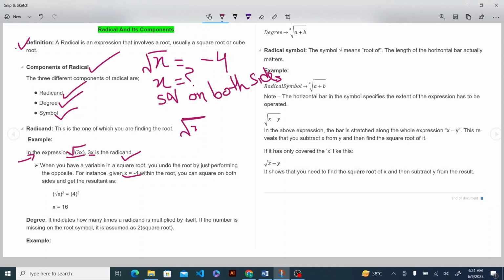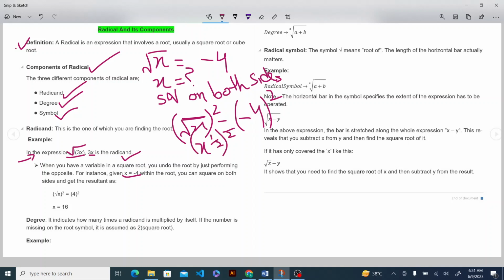Under root x whole square is equal to minus 4 whole square. So what will happen here? This is square root, means its power is 1 upon 2, and we are taking it square.